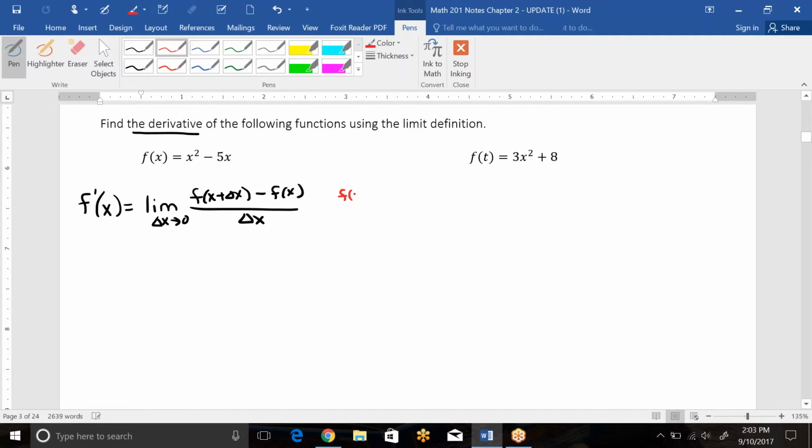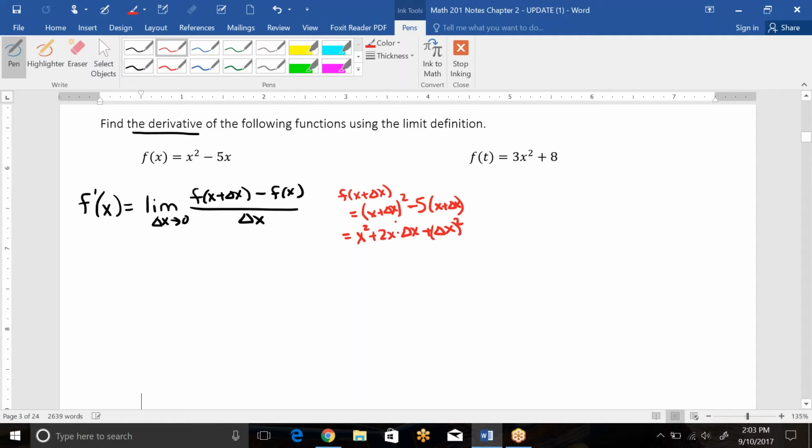So f of x plus delta x is going to be a little bit more difficult this time, because this is going to be blank squared minus 5 times blank, and that's going to be x plus delta x and x plus delta x. Those are going in where those x's used to be. When we square this, you've probably started to see a pattern. It always ends up being x squared plus 2x delta x plus delta x squared.